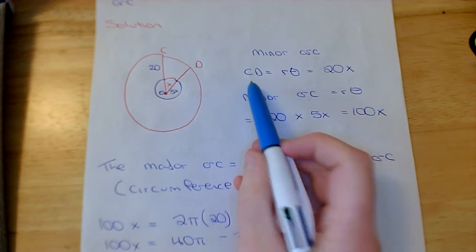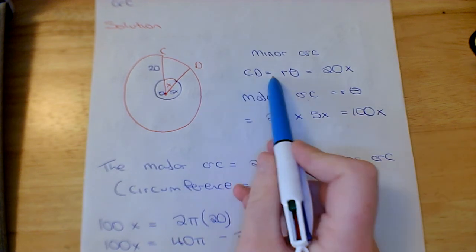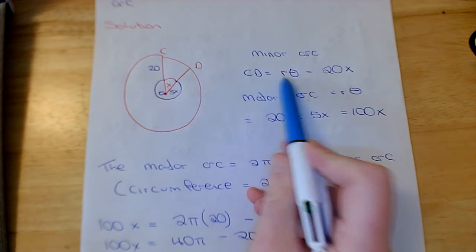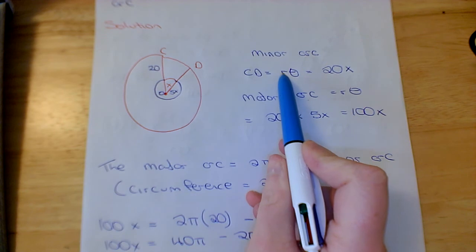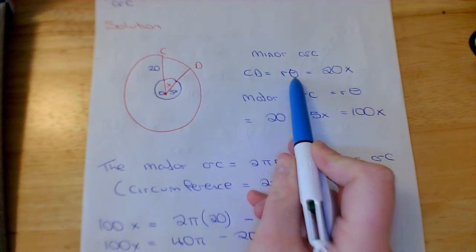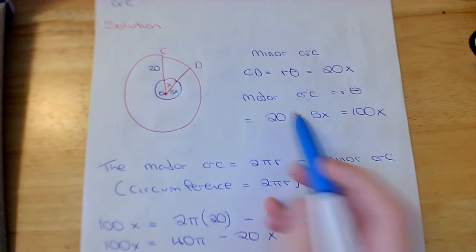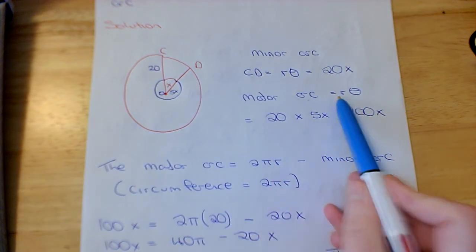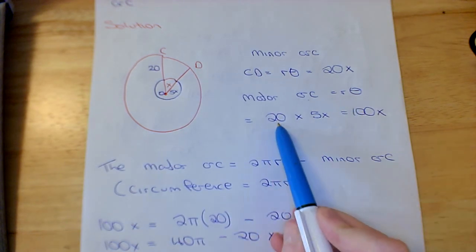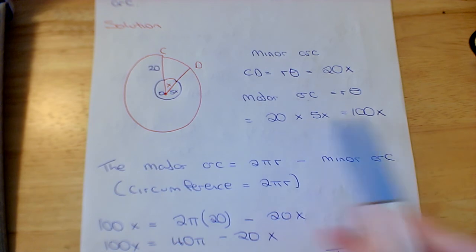So my arc CD is equal to r theta, my radius by the angle, and that's equal to 20x. And then my major arc is equal to r theta, and that's equal to 20 by 5x.